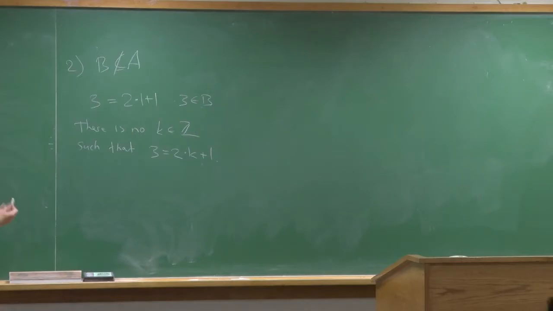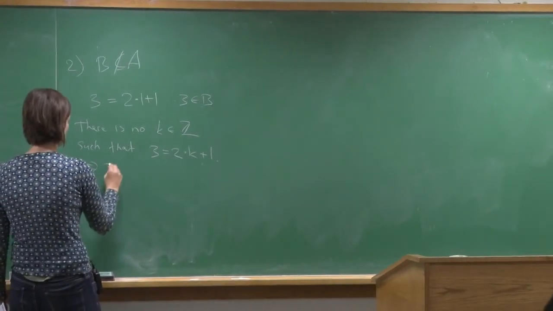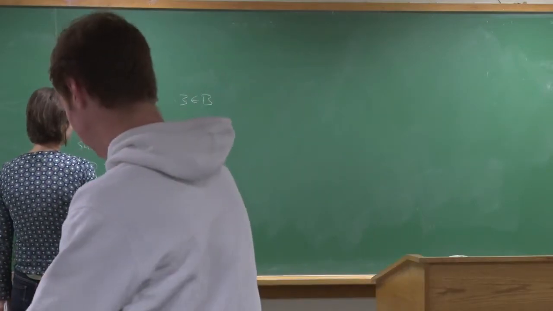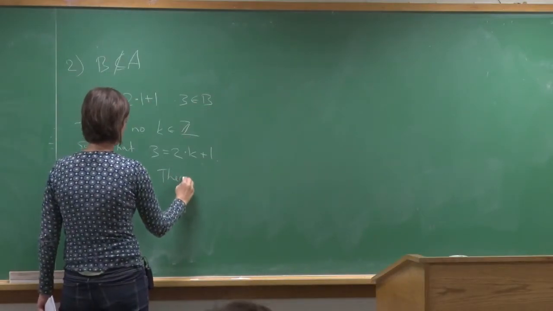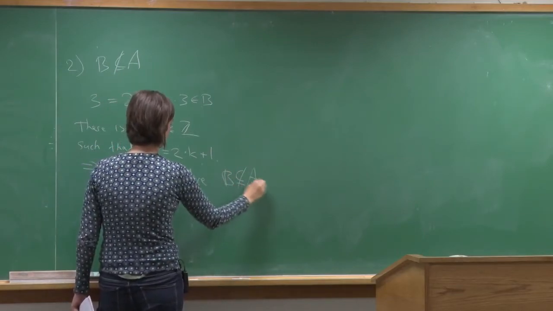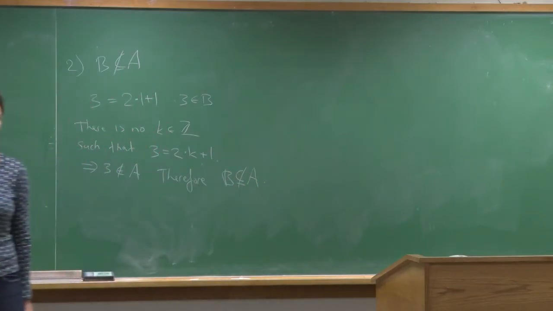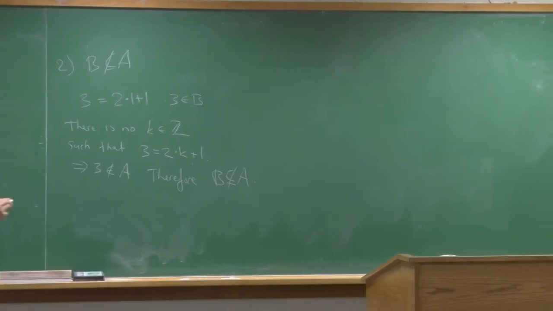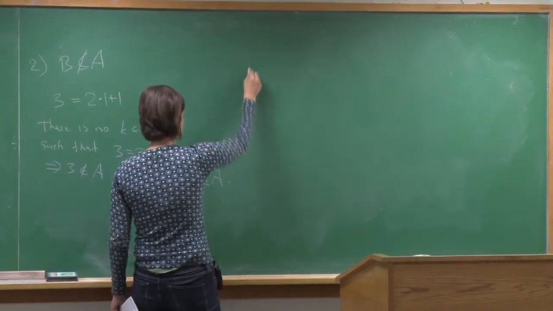So then we're done. So 3 is not in A, and therefore B is not a subset of A. And there's another symbol for that.